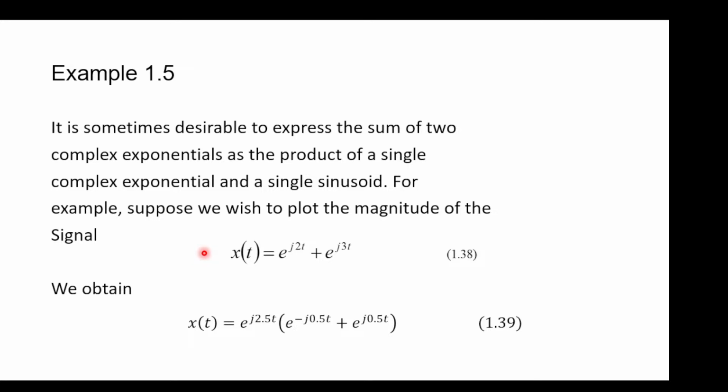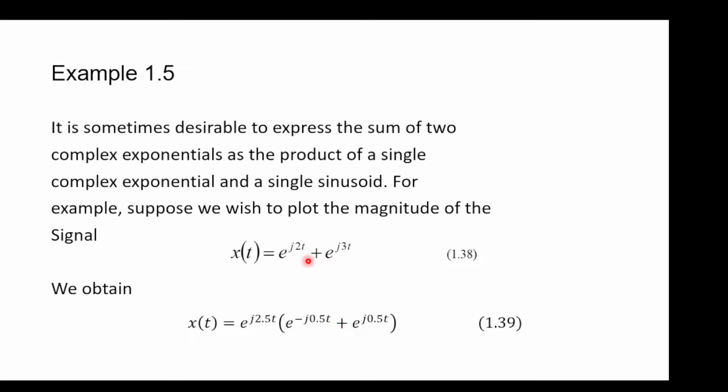Also, for this signal, we can try to express it in a nicer way in terms of sine and cosine. Remember cosine equals e to the j theta plus e to the minus j theta, over 2.